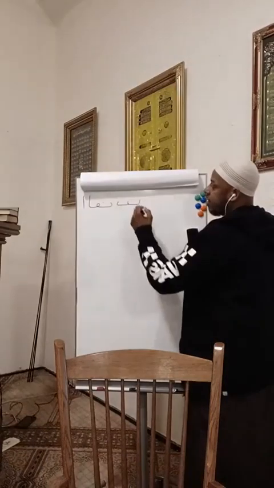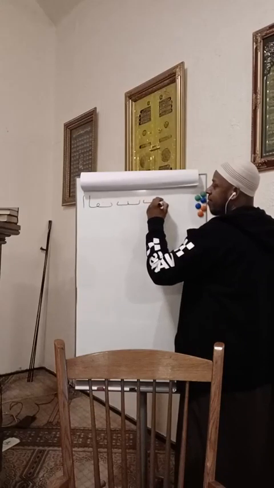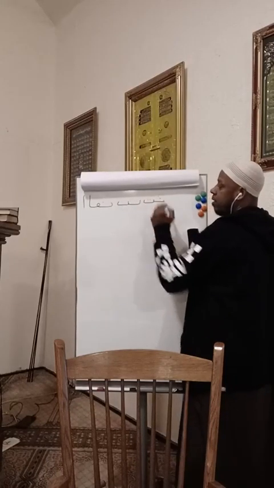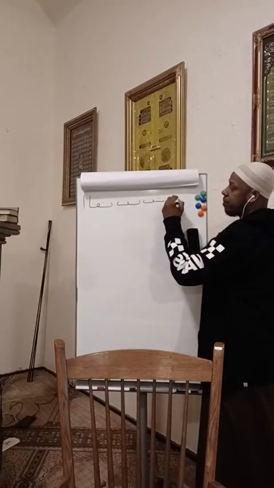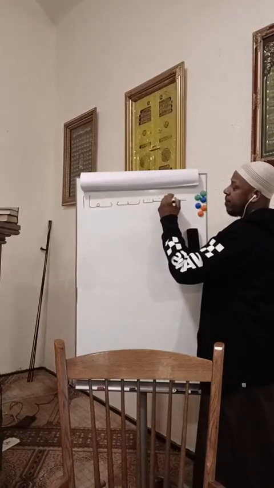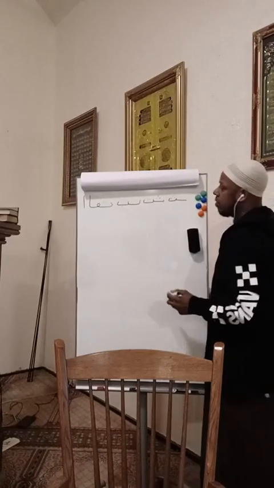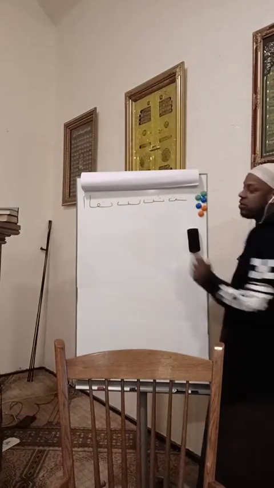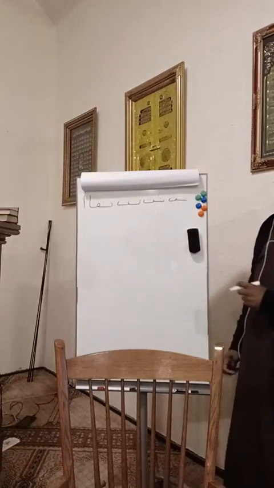And since ta has the same form, I'm going to use ta the same way. So at the beginning of a word, this is how the letter looks. It connects into the next letter following it.